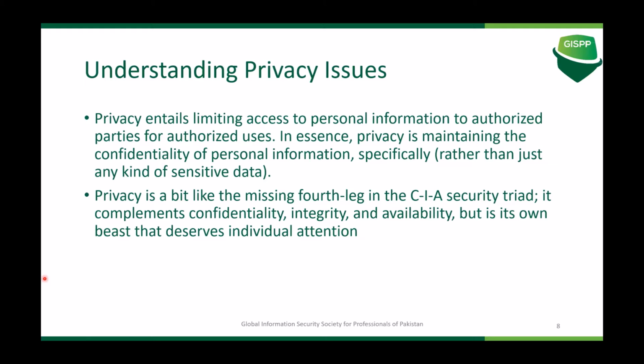So that would be your phone number, your name, first name and last name, your home address, your email address, any other information that can be used and tracked back to your identity. So all of that, health information also. Any of that information falls under privacy issues because it is tied to a person.